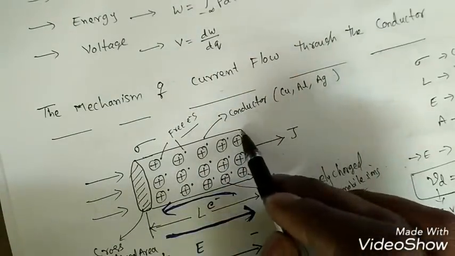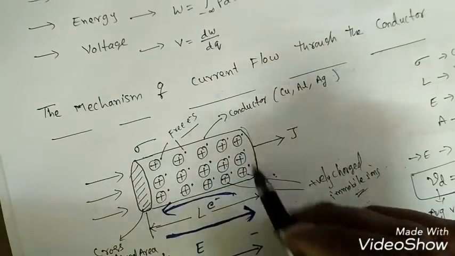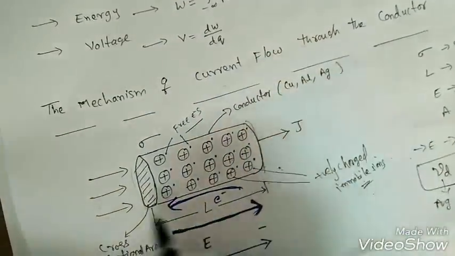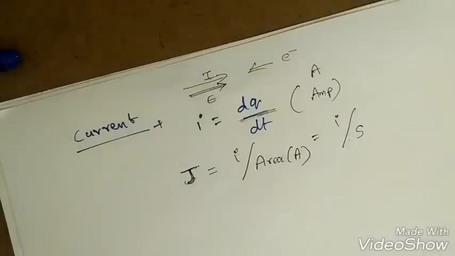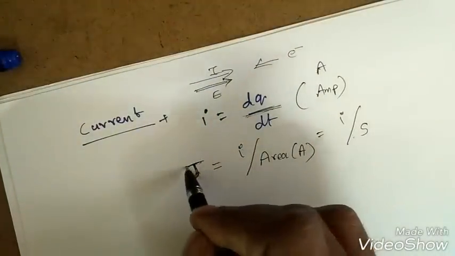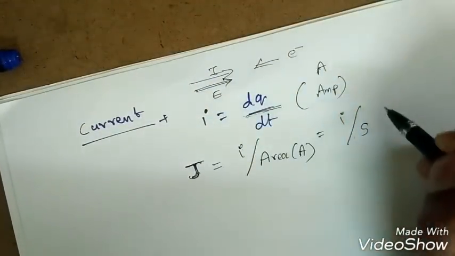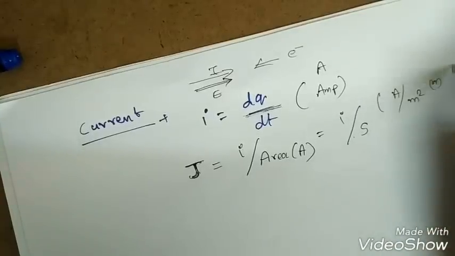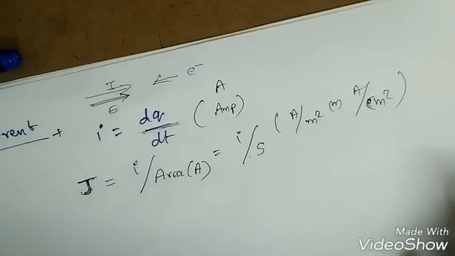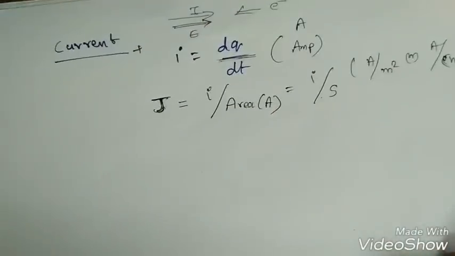That's why we are talking about the cross sectional area, so here or here, right? It is moving through some cross sectional area, so that's why we are finding the current density J. So J is the current density, which is in amps per meter square or amps per centimeter square. These are the units, right?